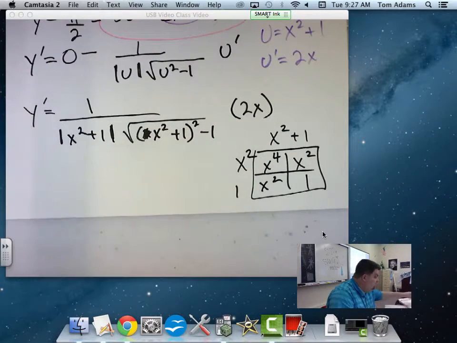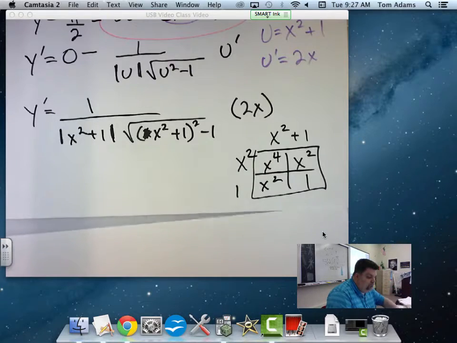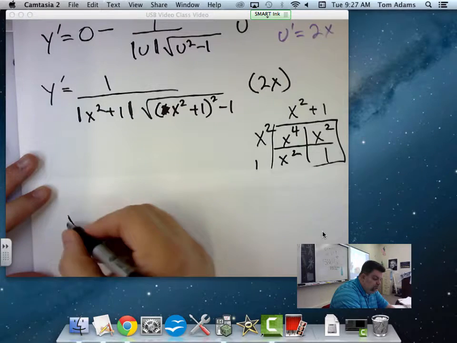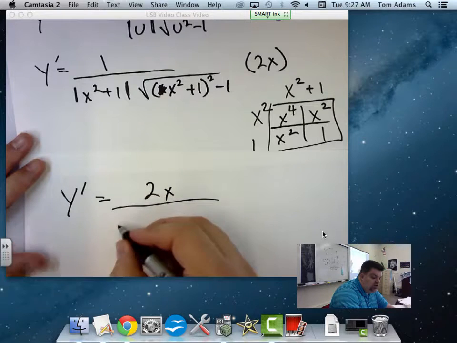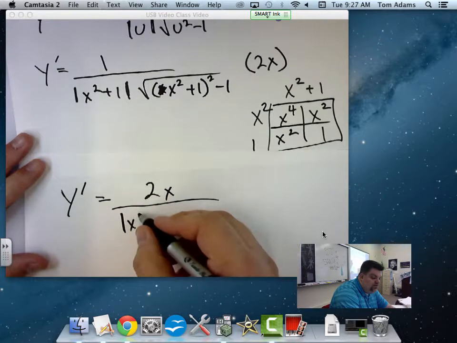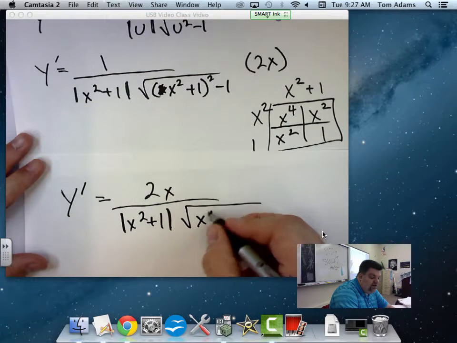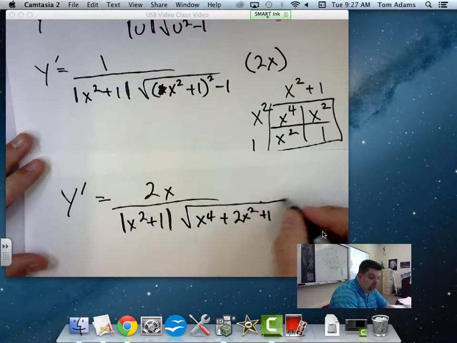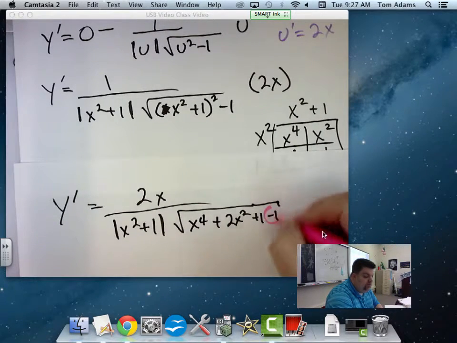So then in the next line, I have 2x on the top, all over the absolute value of x squared plus 1, and then I have x to the 4th plus 2x squared plus 1, and then I have this minus 1 tacked on the back end, right? This comes from here.